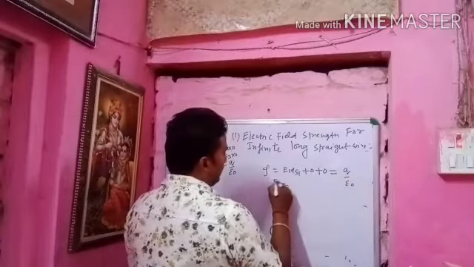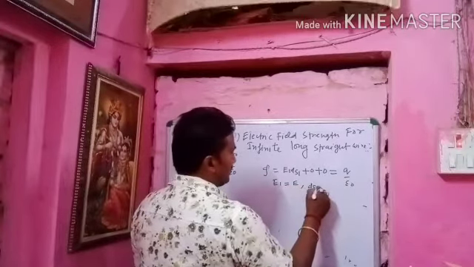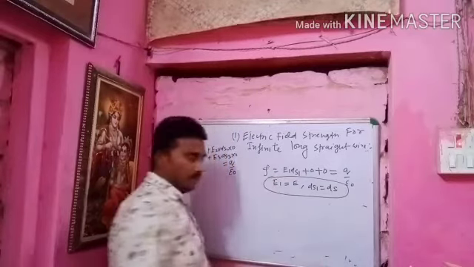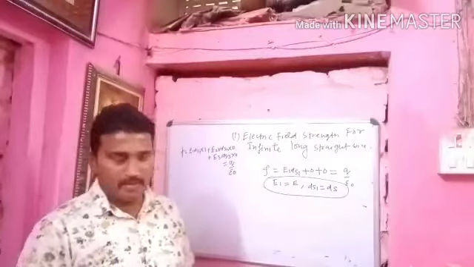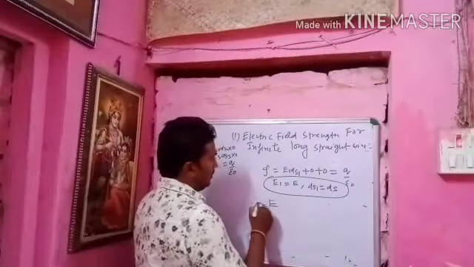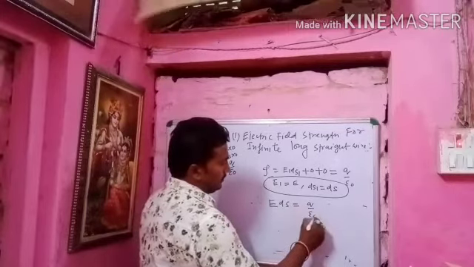We take the electric field E1 as E, and ds1 also represents the area, which we write as ds. Therefore, E ds is equal to Q by epsilon naught.